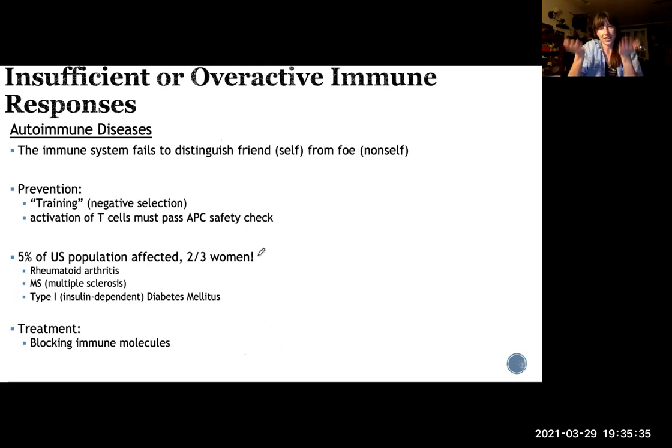So it's kind of a balancing act, right? There are some medications and treatment plans out there for blocking specific immune molecules, but not others. And some other experimental treatments were mentioned on page 812, which is pretty interesting if you want to check that out.